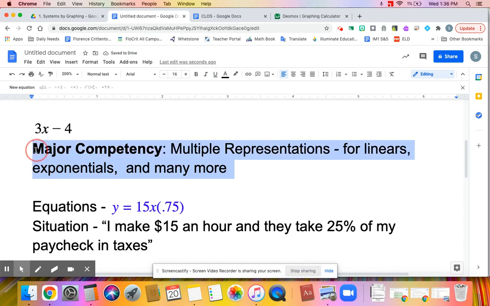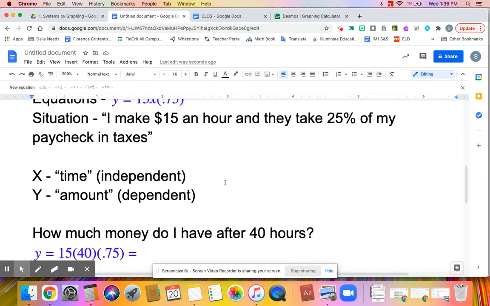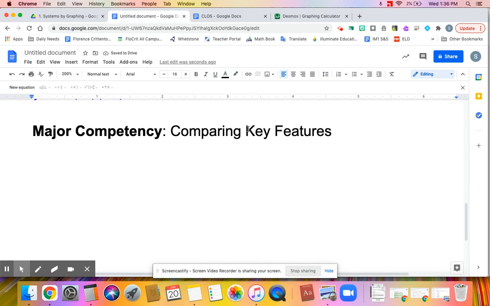So that's this one here. Then another thing they expect you to be able to do with all of it is that once you have the graphs, you can start pulling out key features. So key features might be, for example, your starting amount, how much you start with. Or another key feature is your growth, like what are you growing by? Are you going up? Are you going down?